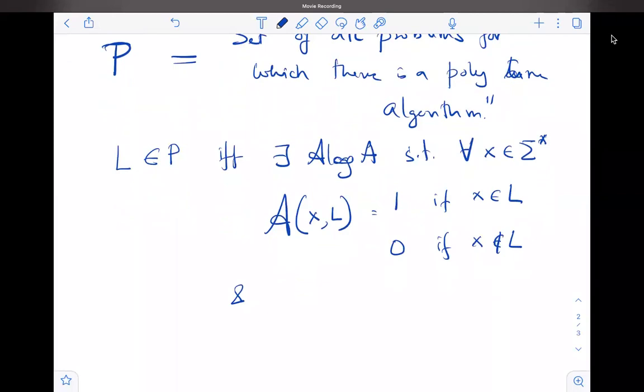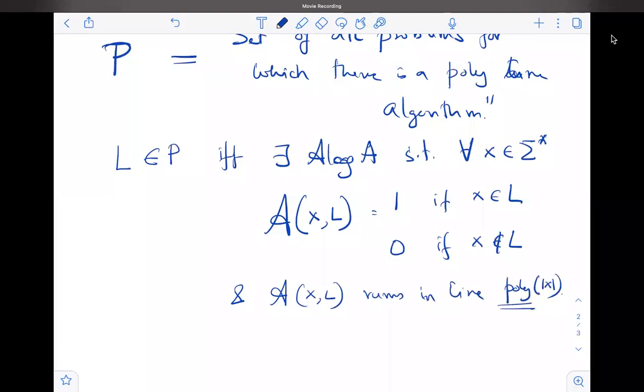and runs in time polynomial in the size of x steps. Okay, now what is polynomial in x?